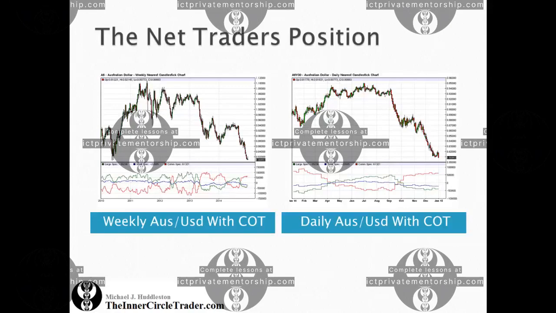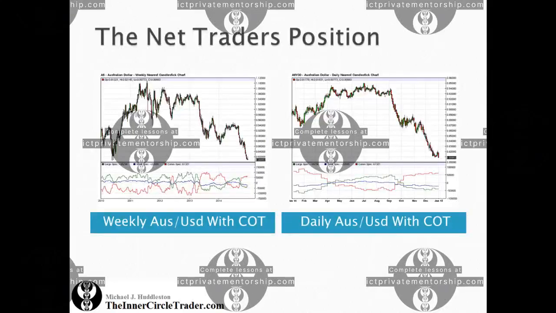It may be a mirror image if it's not the base currency in the pair. So in other words, if it's the Aussie on this side here and not here, obviously it would be a mirror image of everything we're expecting in the charts as we're discussing it.